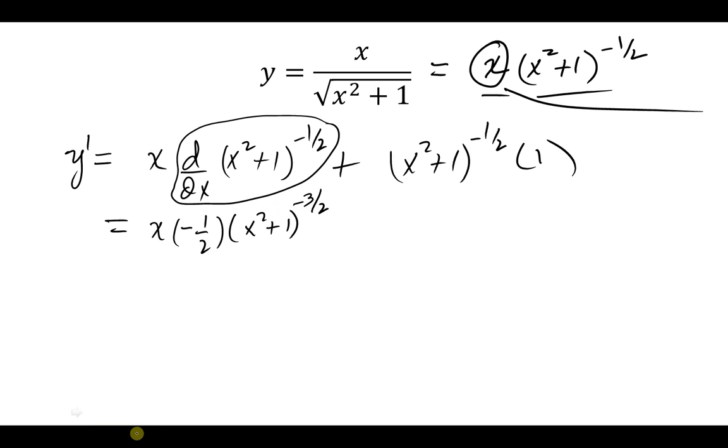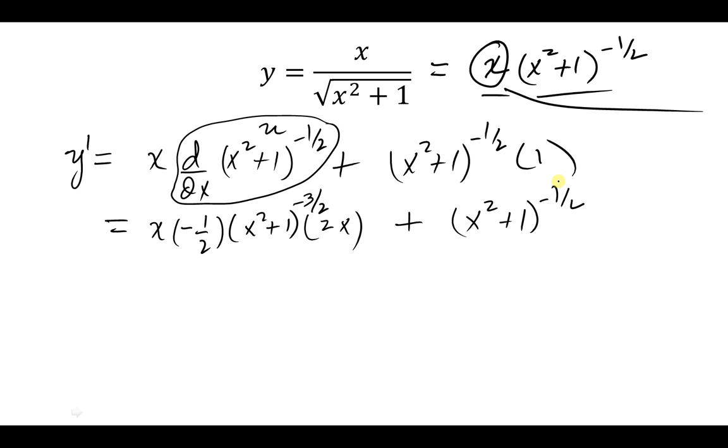And now we got to remember the chain rule. We have to multiply by the derivative of this inner function, which is going to be 2x. And then, of course, this second portion is just x squared plus 1 to the minus 1/2 power.